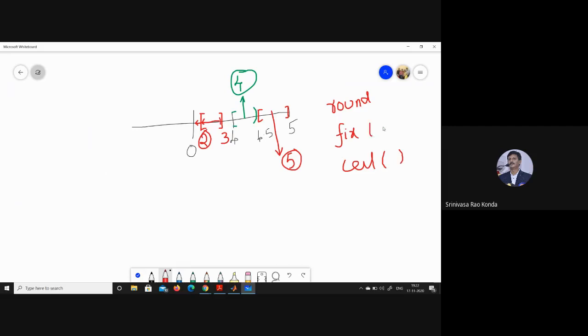Ceil command rounds x to the nearest integer towards plus infinity.